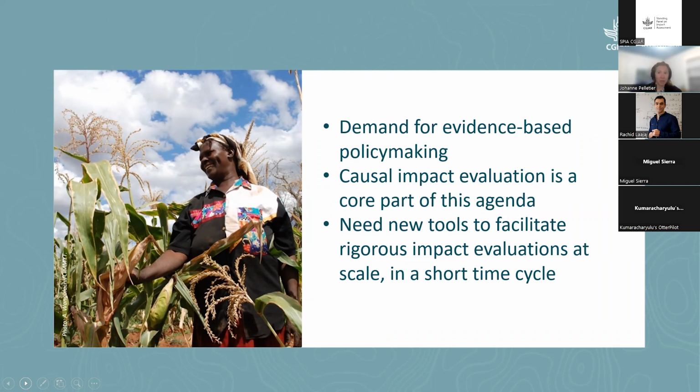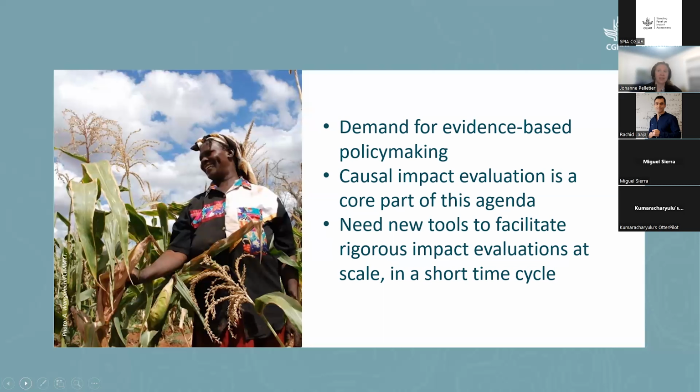And in development especially, there are limited resources, so there's a push for using them efficiently towards what works to create impact.